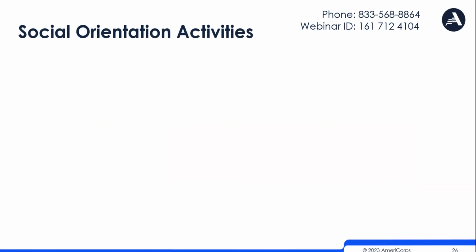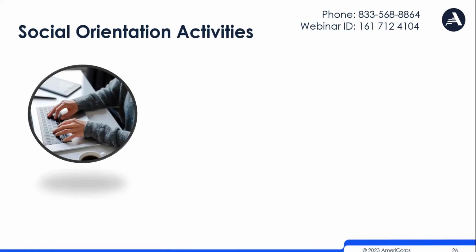And as before, here are some examples of social orientation activities. So you could make announcements organization-wide when your members join your team, including things like when they're starting, providing a little summary of what your members will be focused on for the year.